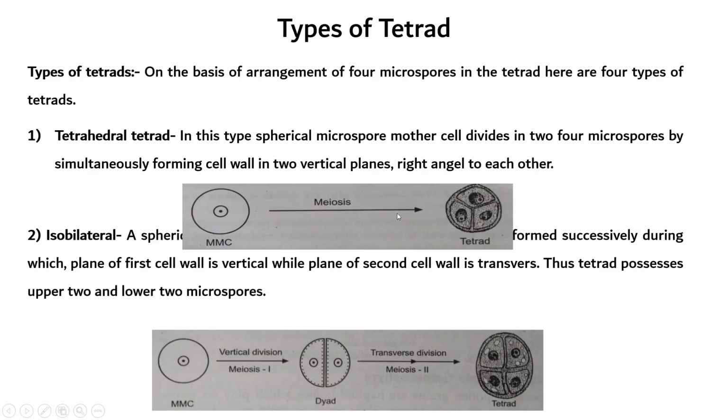Now see, in this type, the spherical microspore mother cell divides into 4 microspores by simultaneously forming cell walls in vertical planes at right angles to each other. That means 4 pollen grains are arranged in this manner. It is called a tetrahedral tetrad. 1, 2, 3 and, at the backside, 1, that is the 4 pollen grains are here.